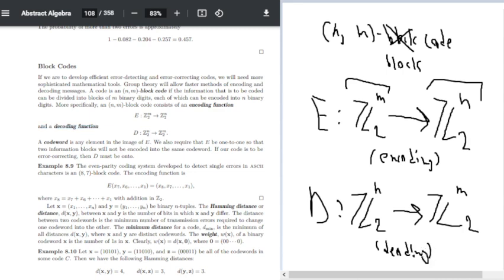A code word is any element in the image of E. We also require that E be 1-to-1, so that two information blocks will not be encoded into the same code word. So I'm just going to write injective. I'll also write image of E equals code words.